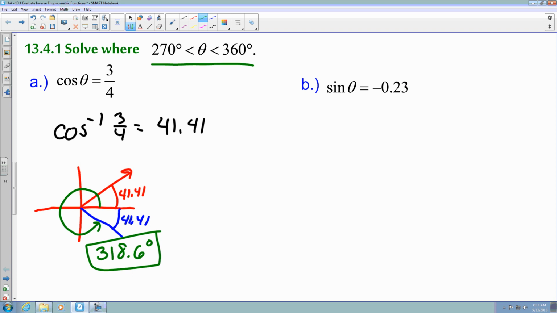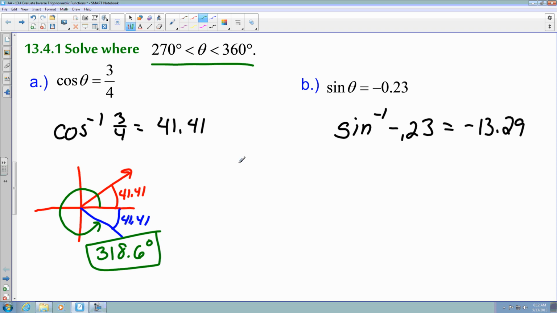Now example B, same thing. I have sine of theta, so I have to find the inverse sine of negative 0.23. Inverse sine of negative 0.23 gives me negative 13.29.